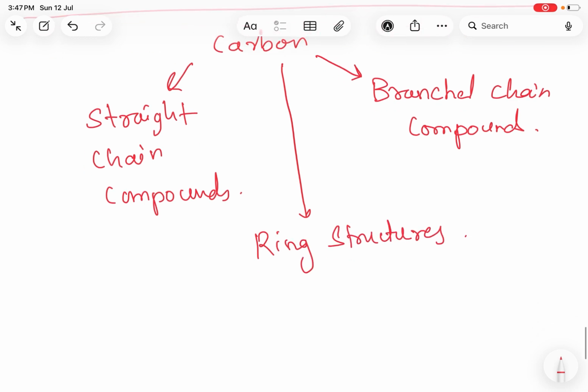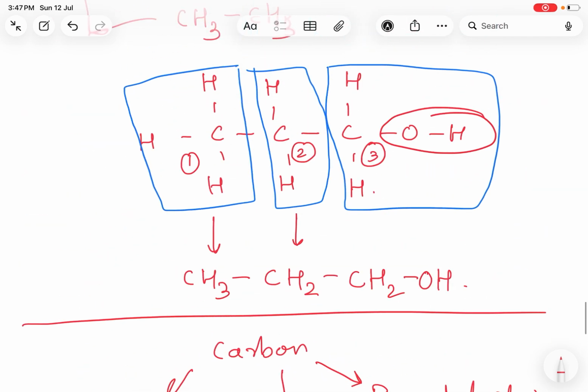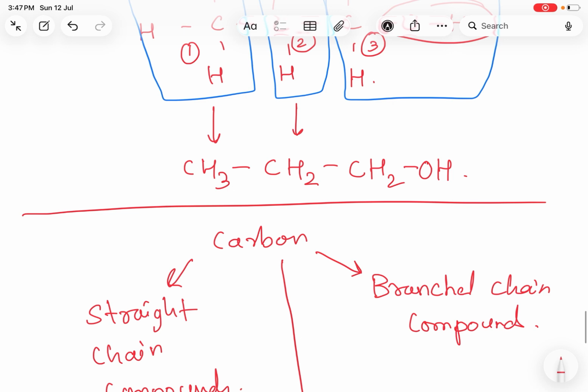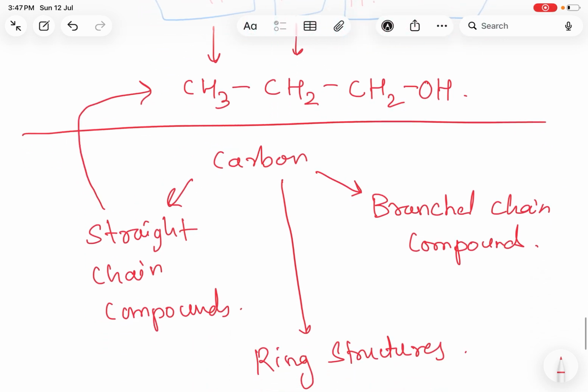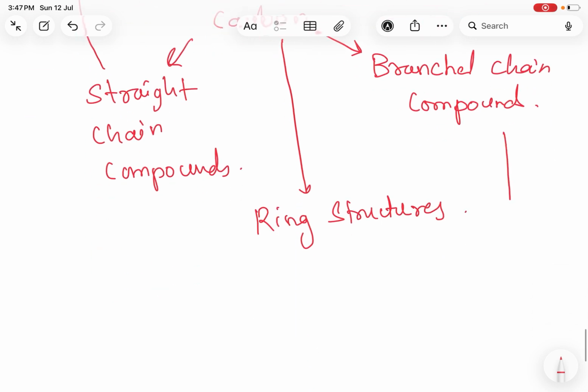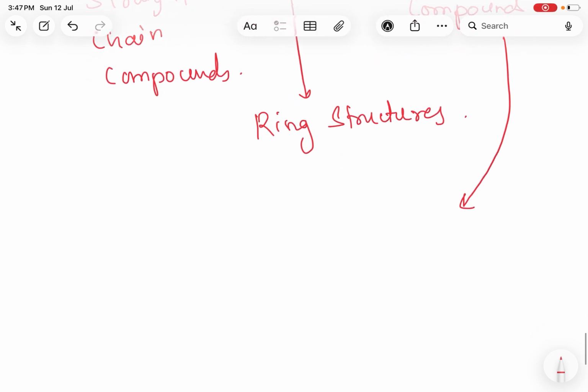So it can have a straight chain compound. The structure I have drawn here, CH3, CH2, CH2OH, is a straight chain compound, where they all are in a straight line, continuous one after the other. Then we have a branched chain compound. Now, what is a branched chain compound? It's like this. For example, I will draw a structural formula here.